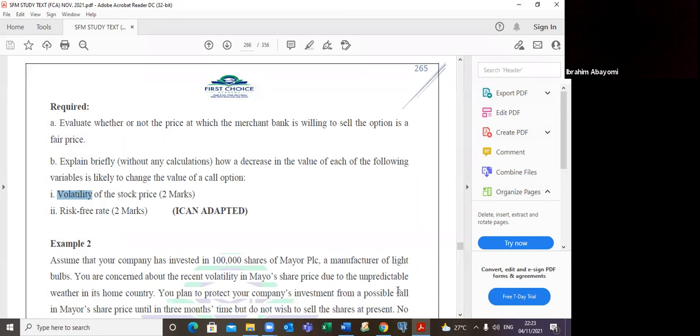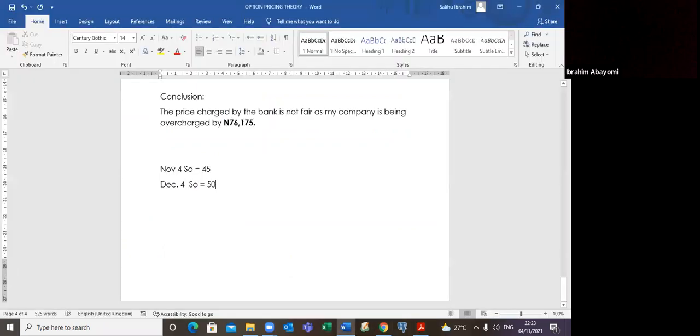Now, let me tell you, if my standard deviation is 10, for instance, and the value of the underlying asset at that time is 50, and now my standard deviation drops to 8, what do you think will happen to the value of my underlying asset?